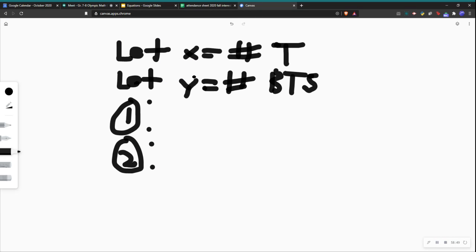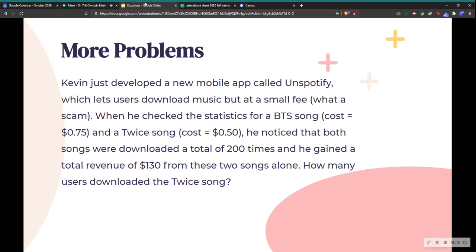So what do you do with x and y? Yeah, there you go. So remember, this x is number of downloads for the Twice song, y is number of downloads for the BTS song. So total number of downloads for these 2 songs, we just add them together. Simple as that. 200.